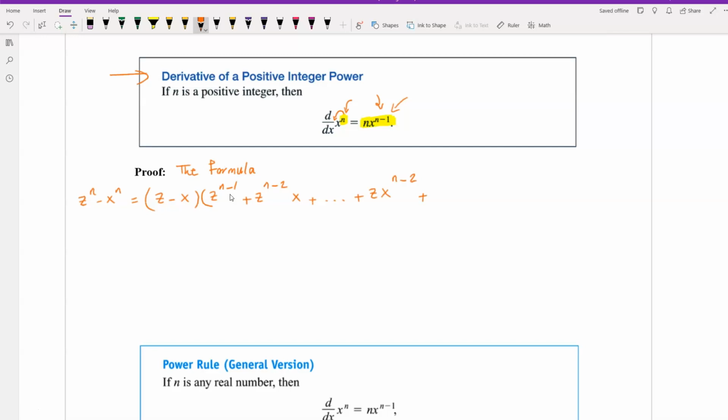And finally plus, here the z power is 0, so that is equal to 1. I will not write the 1 here, but this is 1 times x to the n minus 1 power.